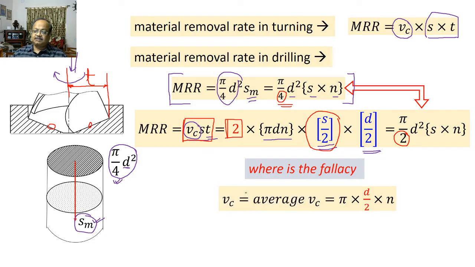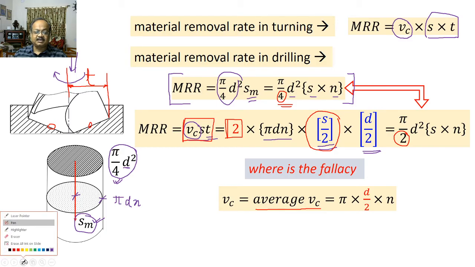There is a concept of average cutting velocity. Let us assume that this is the center of the hole and this is the periphery of the hole. At the periphery, cutting speed is pi dn in millimeter per minute. At the center, how much is the diameter? Diameter is 0.